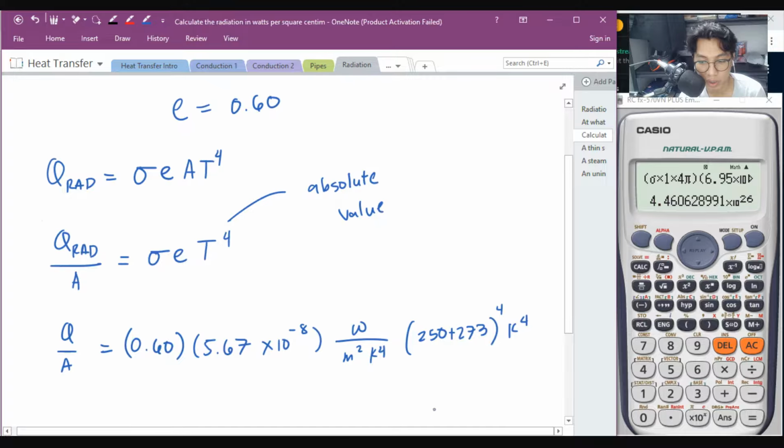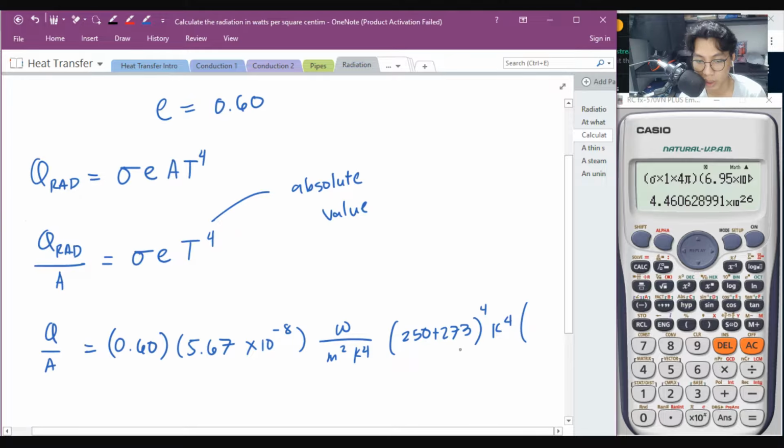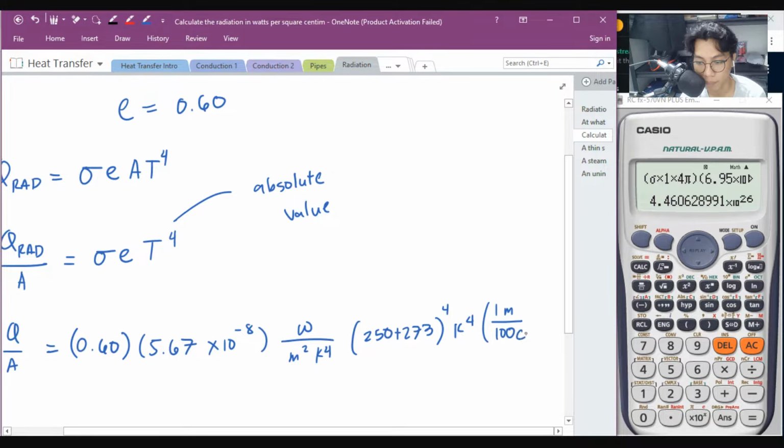But you have meter squared there, so we have to convert it. How many meters in a centimeter? You have 1 meter in every 100 cm, and then we square it because it is squared here. Cancel all the same units: meter squared, Kelvin to the fourth. What remains is watt per cm squared.